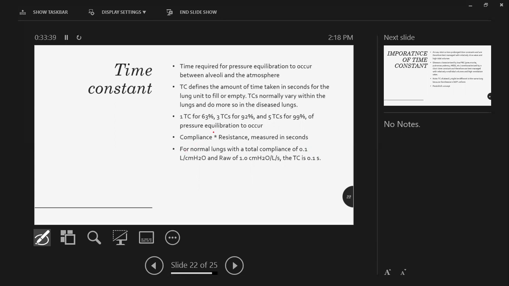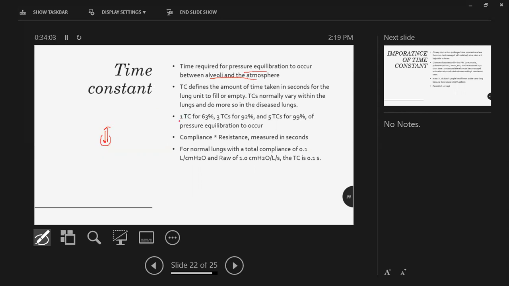It is the time required for pressure equilibration to occur between the alveoli and the atmosphere, or the time taken for a single lung unit to fill or empty. That is called the time constant. Please note that the time constant may be different even between alveoli in a diseased lung.